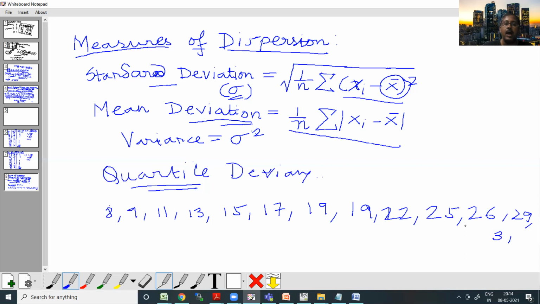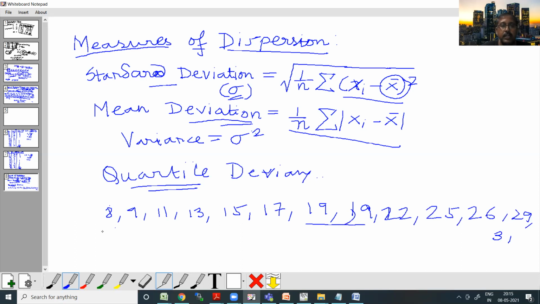Okay, now what is quartile? Let's understand that first. We have already seen what we mean by median, the central value. If I arrange it in ascending order, I get the central value, and that represents the median. So here it might be one of these two values, so the average of these two values.